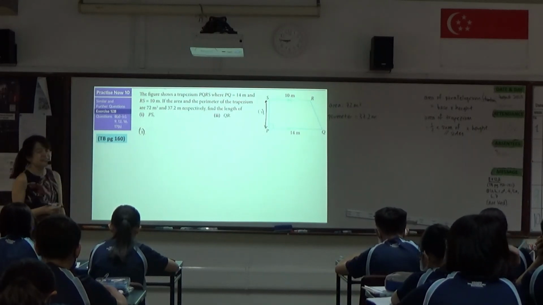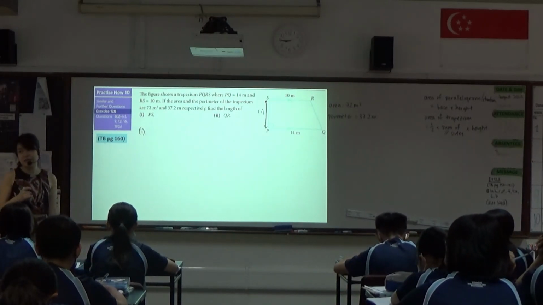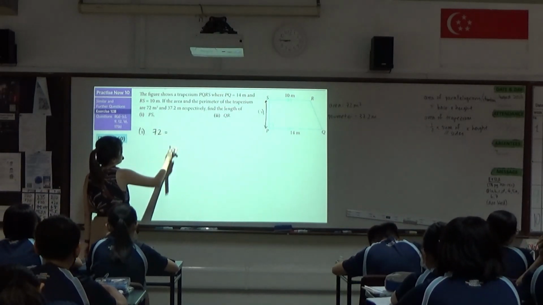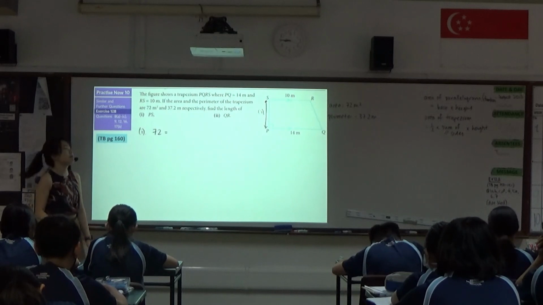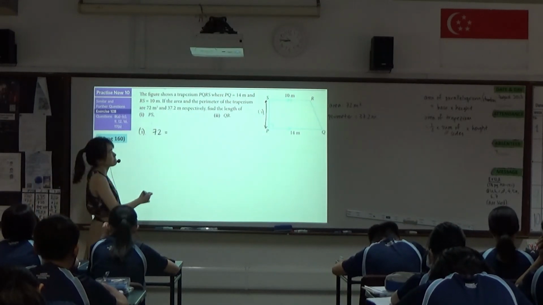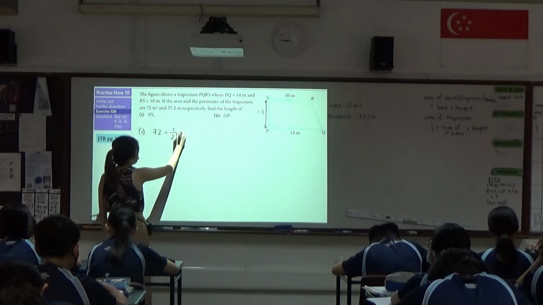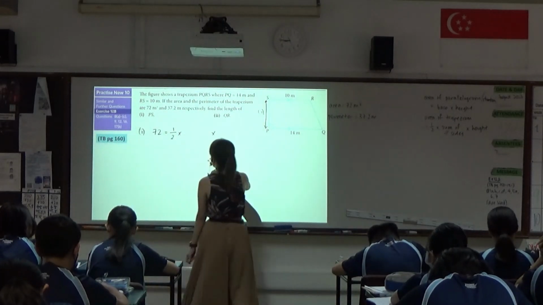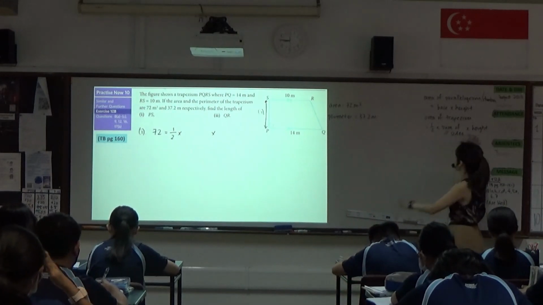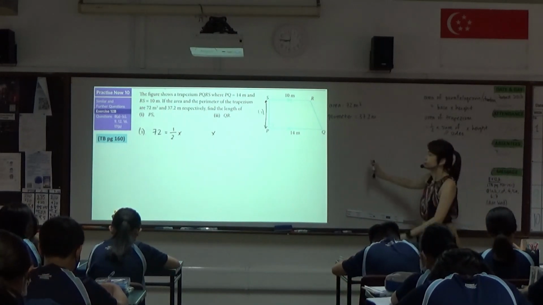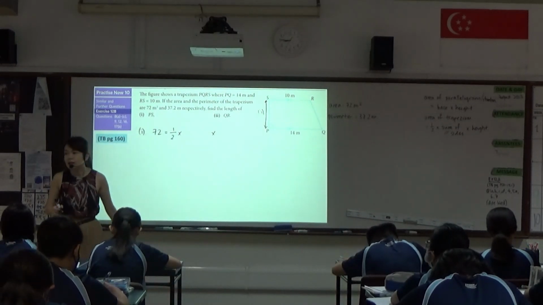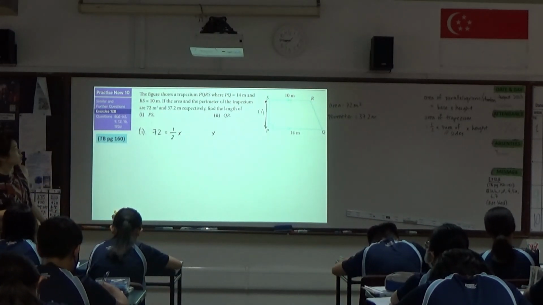If I give you a hint, we make use of the area of the trapezium. The area is 72. How do we find the area of the trapezium? Using the formula. Half times what? Half times 24.